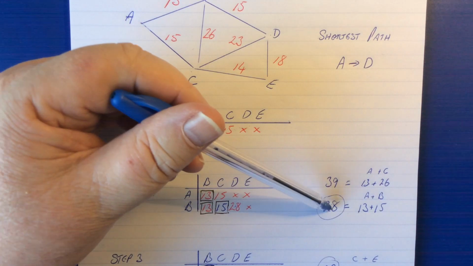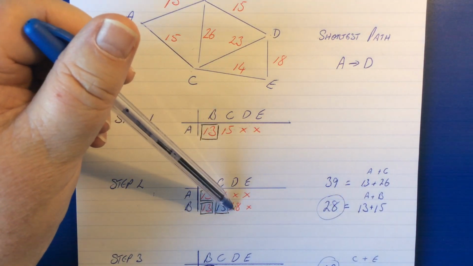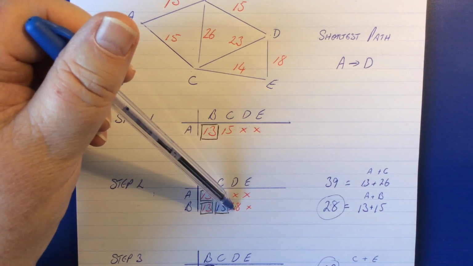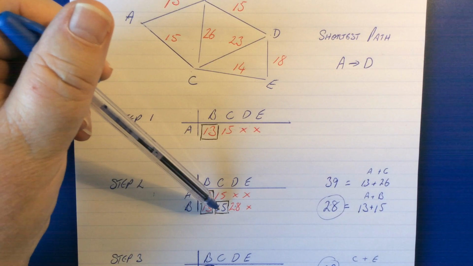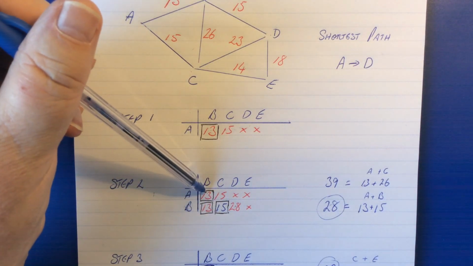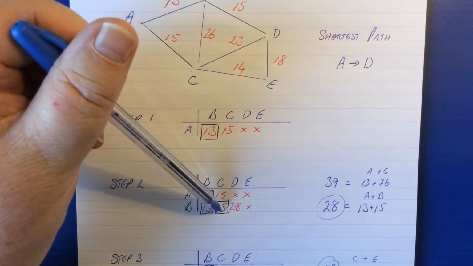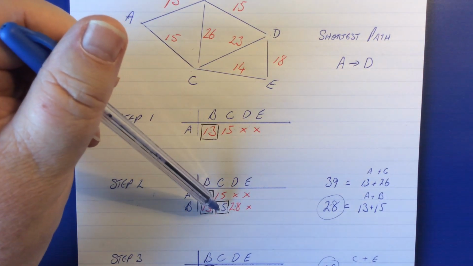So what we do is we choose the shorter of these out of B and we place it here. And because there's no direct route from B to E, we place another X. So at the moment we're looking at 13 and 15 being the shortest route.